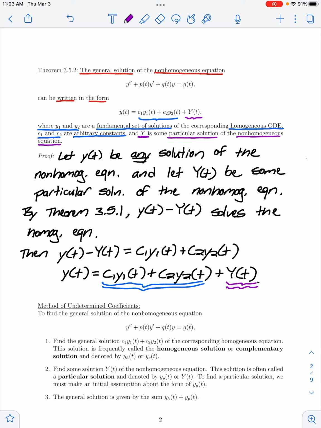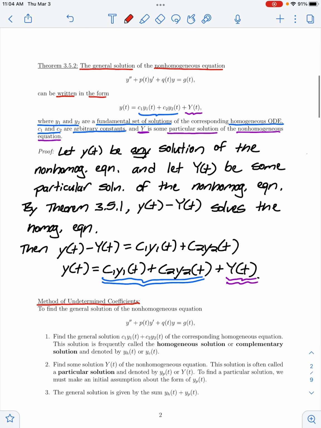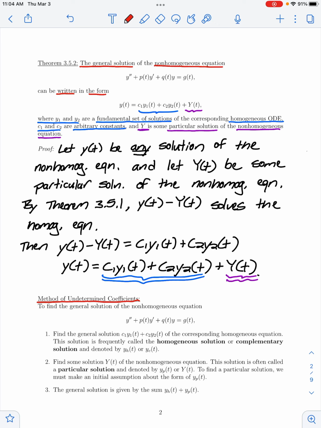So the method that we're going to discuss first for solving non-homogeneous equations is called the method of undetermined coefficients. And let's describe this method briefly here before we look at some examples. To find the general solution of the non-homogeneous equation, step 1 is to find the general solution, c1y1 plus c2y2, of the corresponding homogeneous equation.